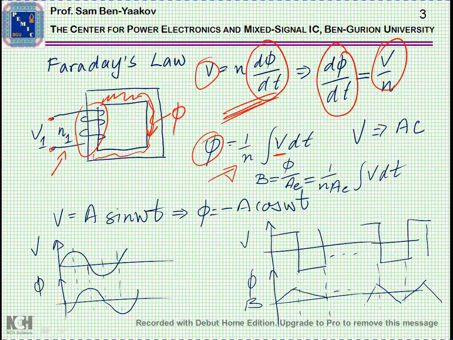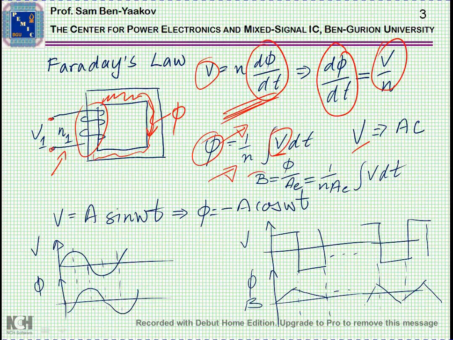Now if V is DC, then phi will go up and up because the integral is sort of a straight line, and this is why you have to use AC voltage only, and if you impose a DC voltage, then the phi will sort of go to infinity.